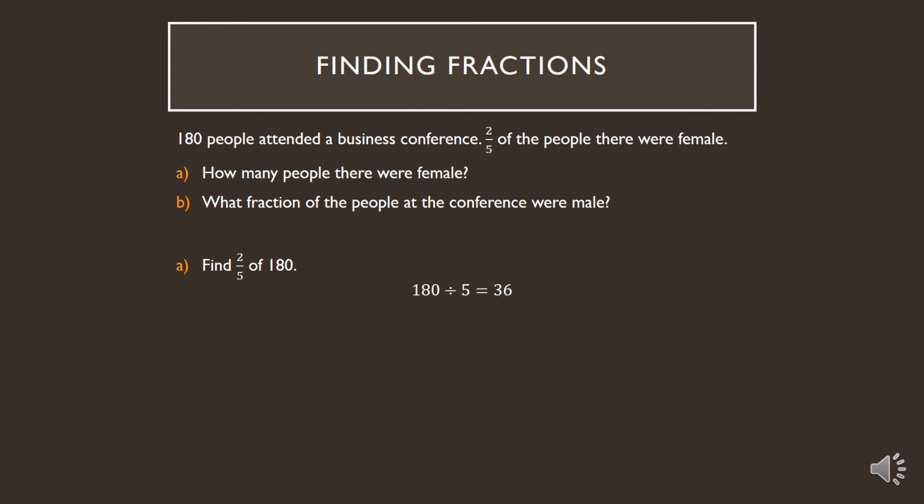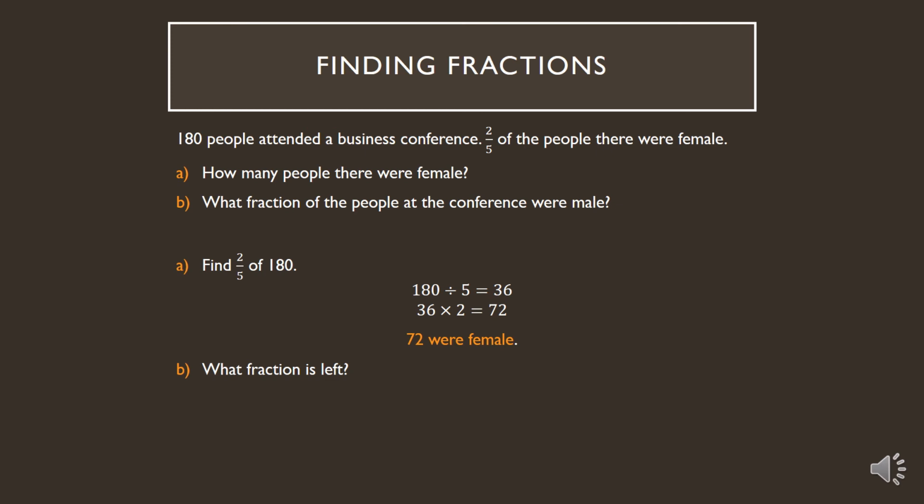But the numerator tells us we must find 2/5. So we multiply the 36 by 2, and it gives us 72. So 2/5 of 180 is 72. There were 72 female people at the conference. So again, the number under the line is for division, the denominator, and the numerator above the line is for multiply.